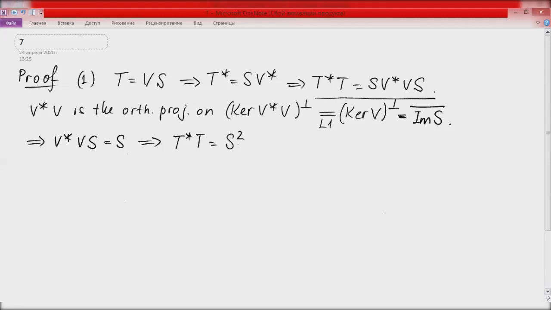And by taking the square roots, we conclude that the modulus of T equals S. Okay, so S is the modulus of T.